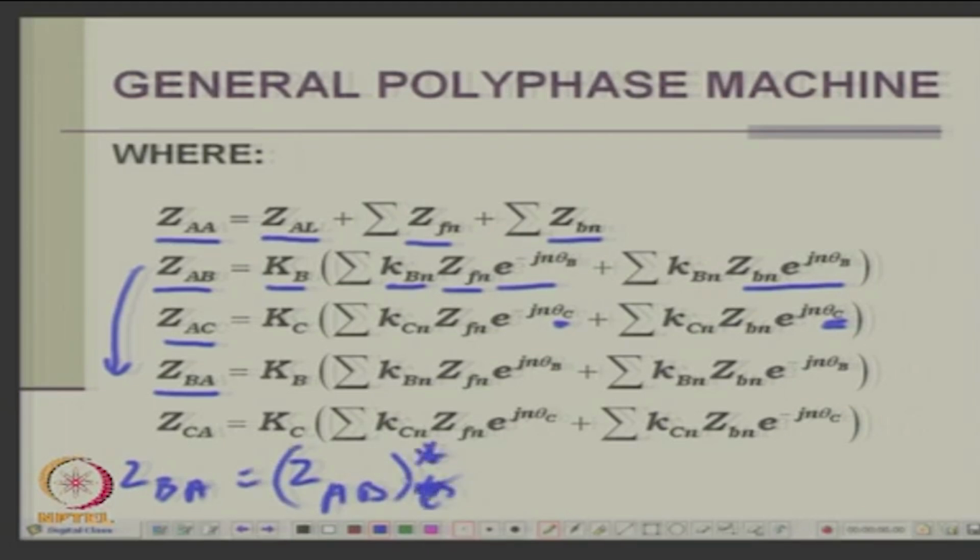So, ZAB would be the voltage induced in the B winding due to the A phase current. How should we physically see it? B winding due to, or A winding due to.